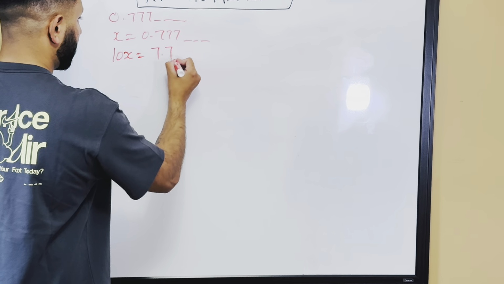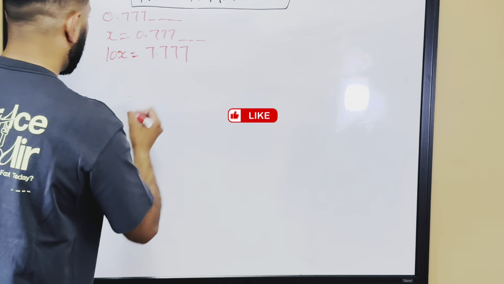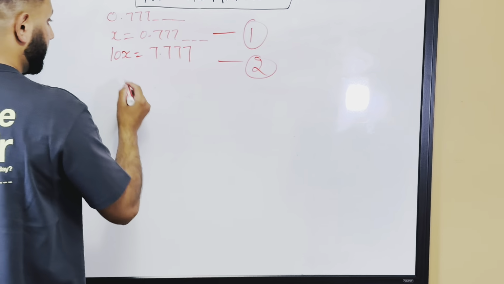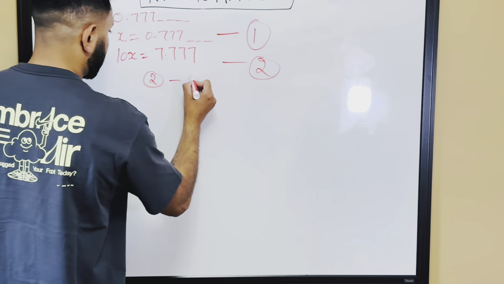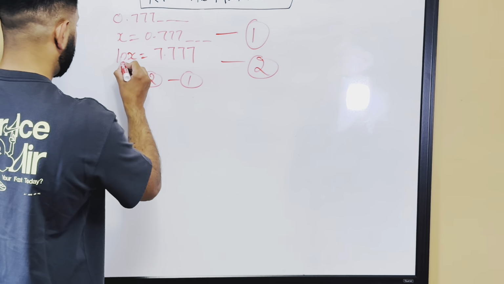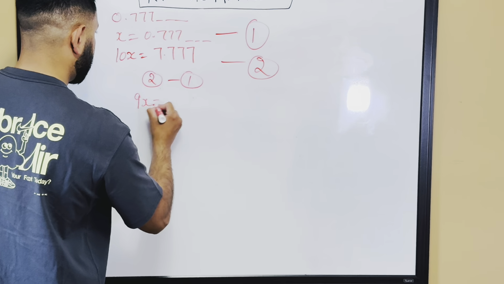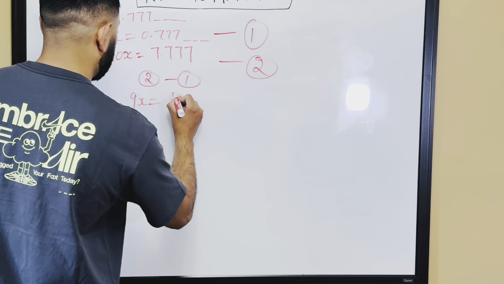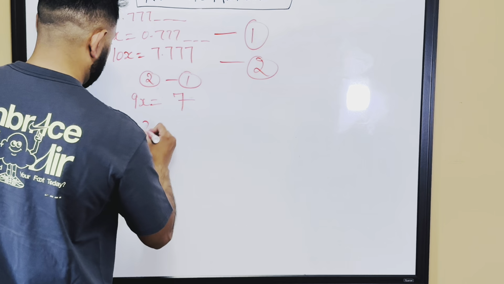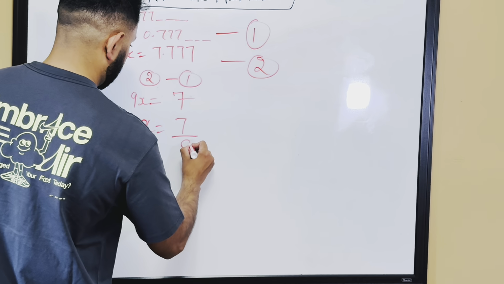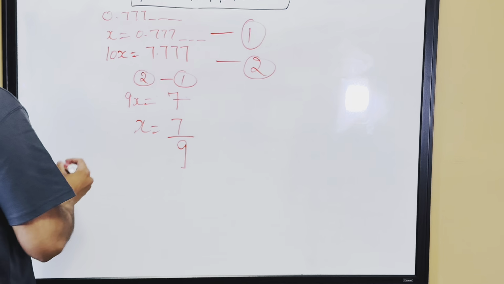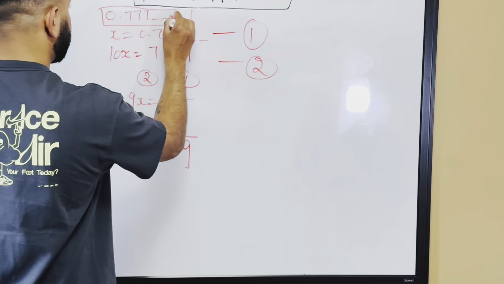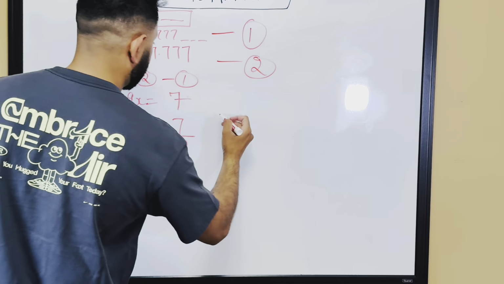So what we got, and say this is 1 and this is 2, and subtract 2 from 1. 10x minus x is 9x, and if we subtract this from this, so what we got, 7. So that means the answer of this decimal form is 7 by 9.